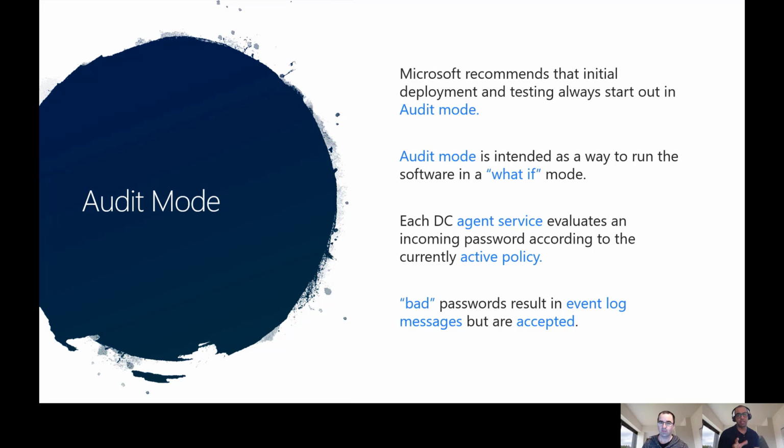Audit mode is where I've enabled password protection, but I'm only auditing it, which means users are able to set whatever passwords they want to, but I'm not going to enforce these passwords. So they are still allowed, which works fine.